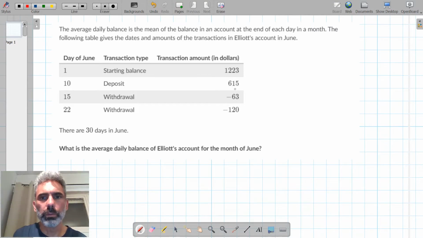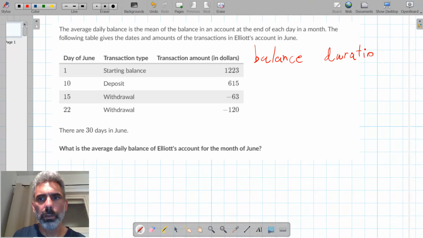Okay, so balance and duration. So the starting balance is 1,223, and it stayed the same for 9 days.